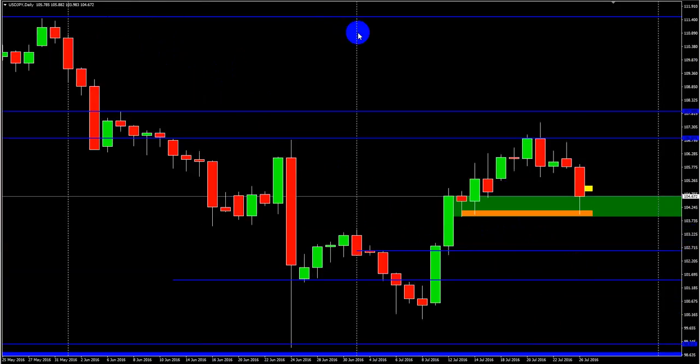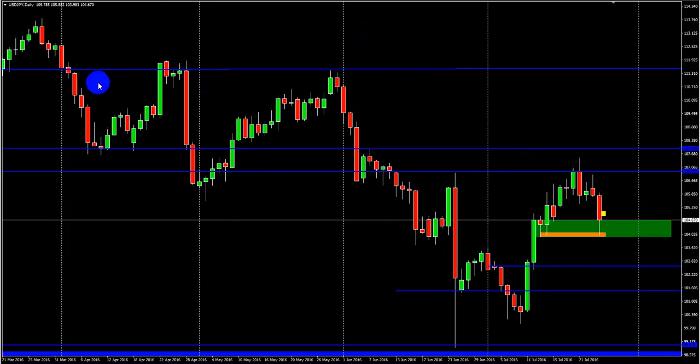Let's switch to the daily, and here on daily, very interesting situation. The rally, okay, ended last week here within the weekly supply.